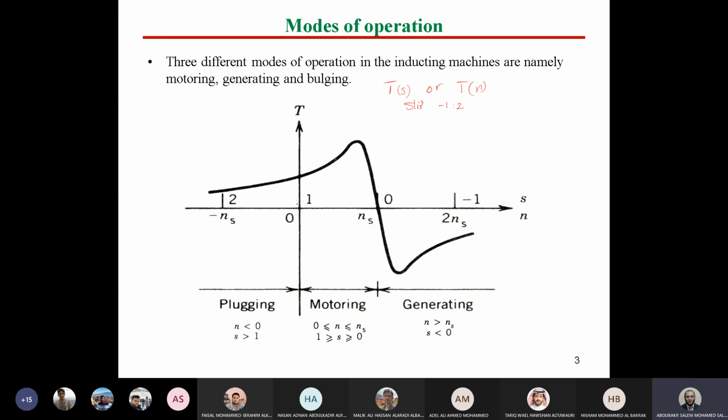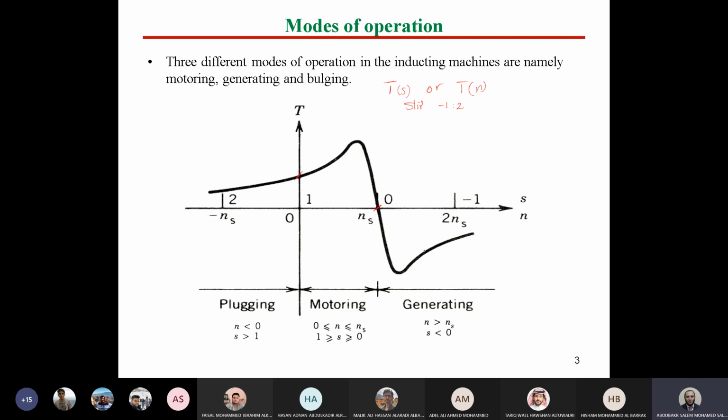You will find that it will start like that and continue, and all of these will be positive values of torque, and then the torque value will be converted to negative in this shape. What is the meaning of all of these? We understood previously that from this point to that point, it's called induction motor characteristic. So this is called motoring mode.